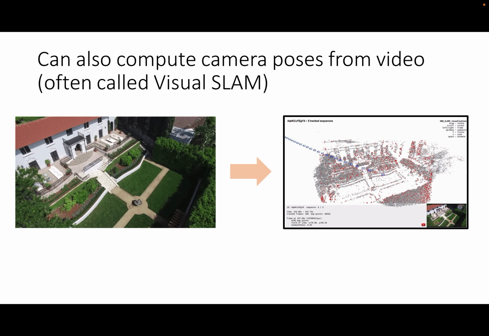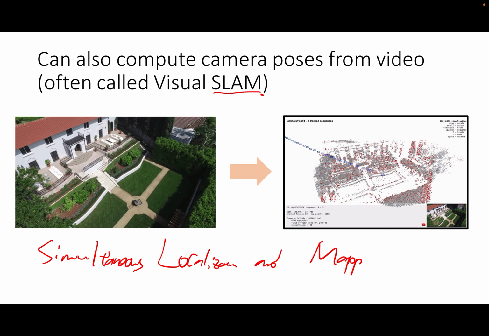And now let me introduce some applications of structure from motion. I'm not sure you've heard of SLAM. SLAM is simultaneous localization and mapping. It is used in robotics or self-driving cars.